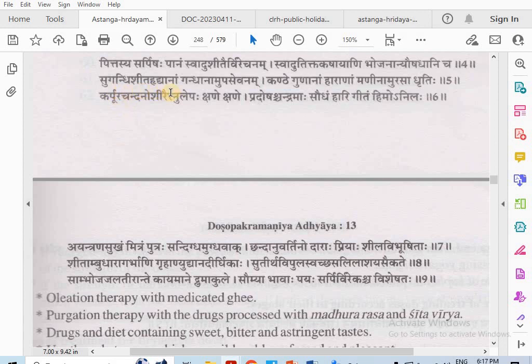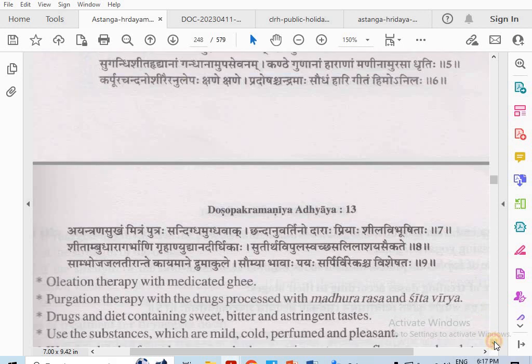Sugandhi, shita, rudyanam: fragrant, cold, and pleasant. This kind of gandhanam upasevanam, these fumes or perfumes, if you use them, are also very useful. Here you read the use of substances which are mild, cold, perfumed and pleasant. So specifically gandhanam is used. You should understand they are talking about fragrance that is very cold and pleasant.